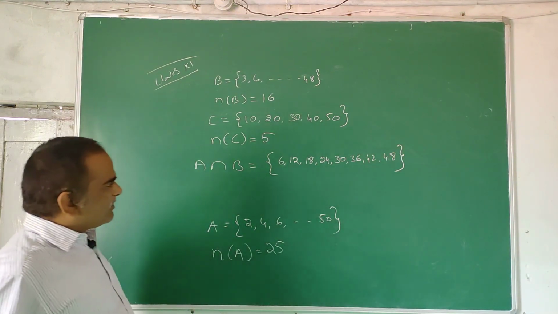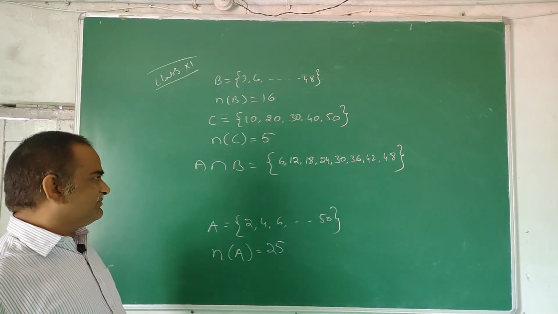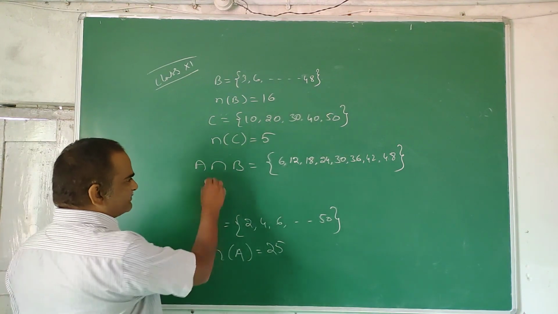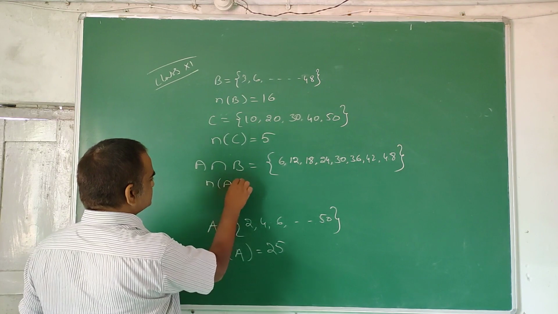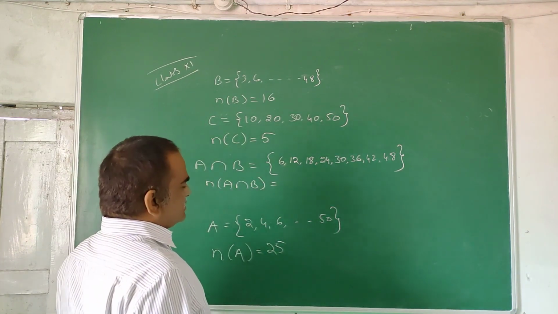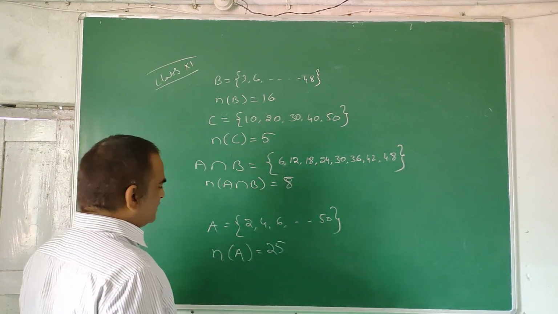So these are all the multiples of 2 and as well 3. It's nothing but a multiple of 6. So n(A intersection B) is equal to 8.